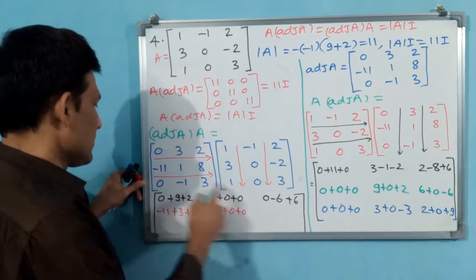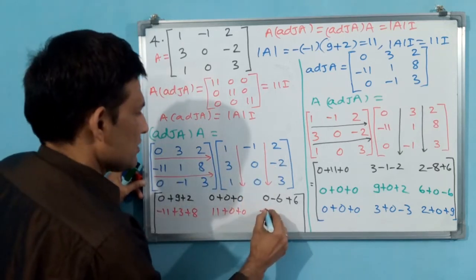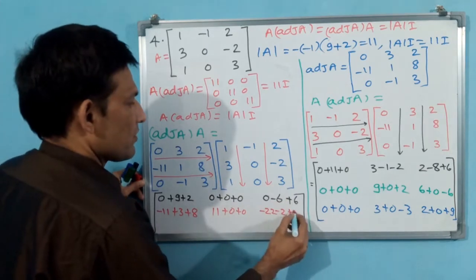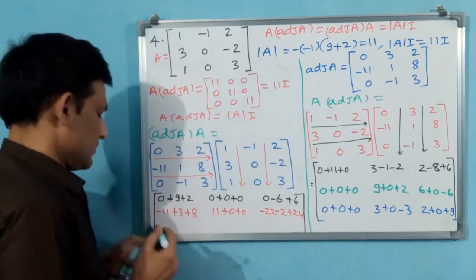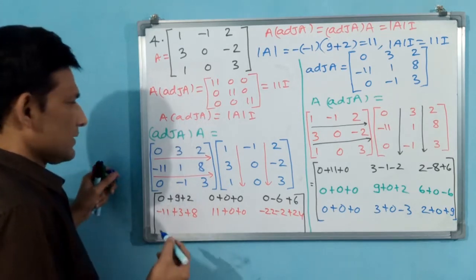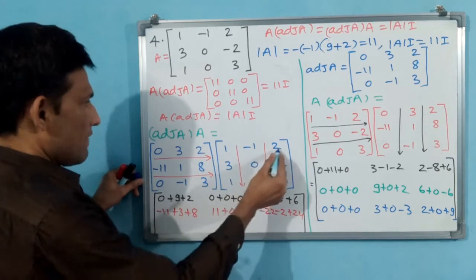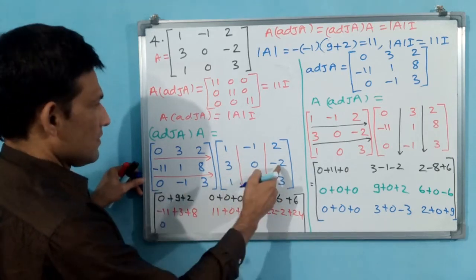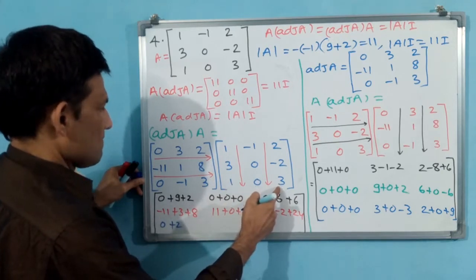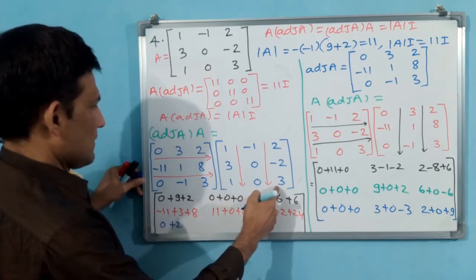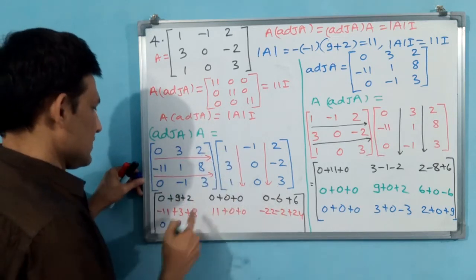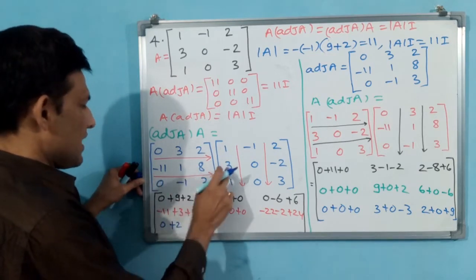Now here 0 has to come. Minus 22, okay. Minus 2, plus 24. That means plus 24 minus 24. Okay. Now write down 0 plus 2. Sorry, I have to calculate this one first. 0 minus 3.